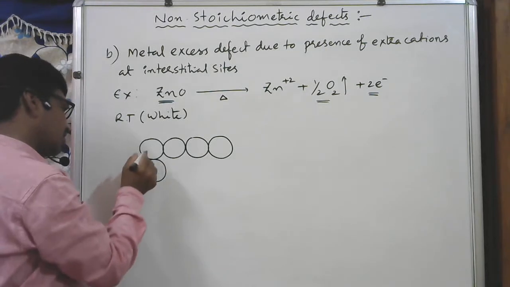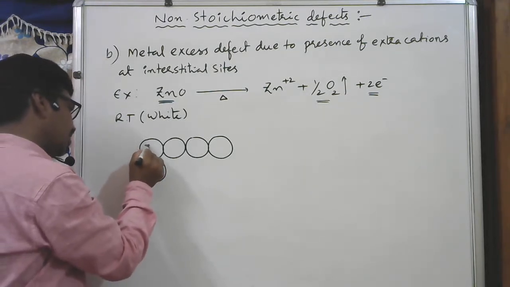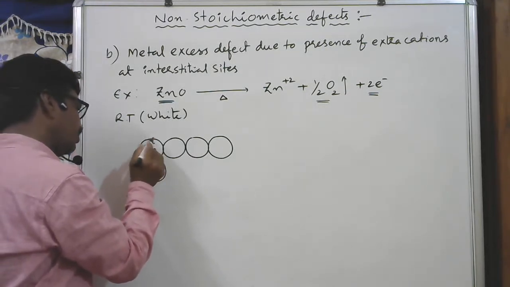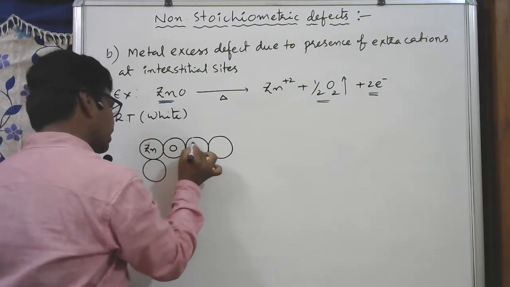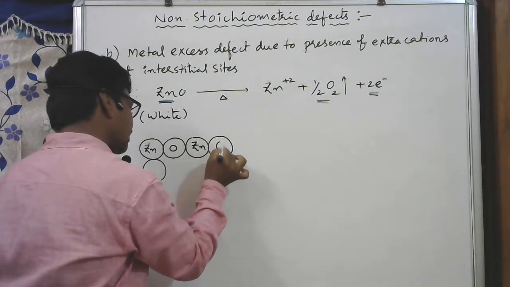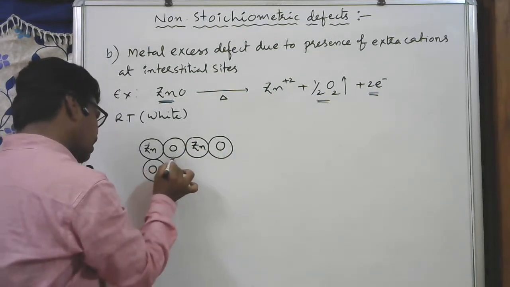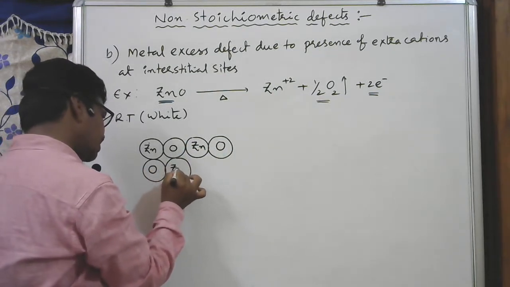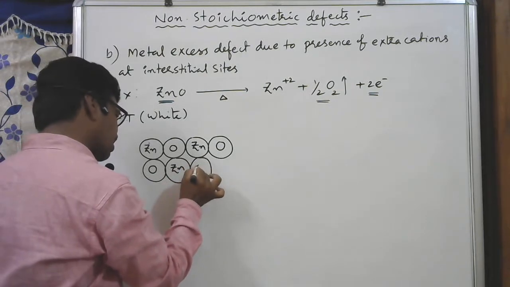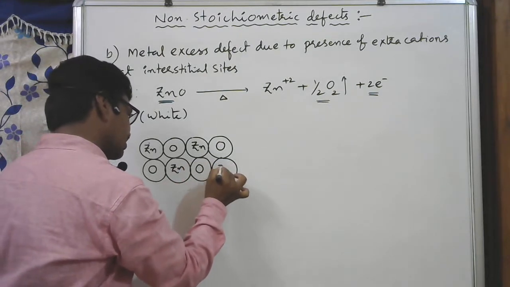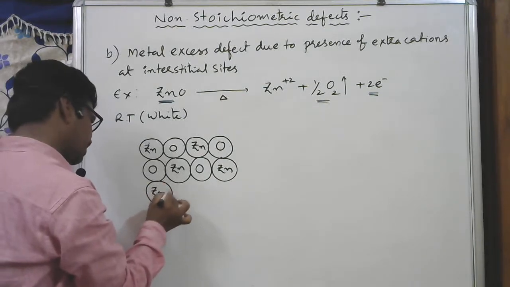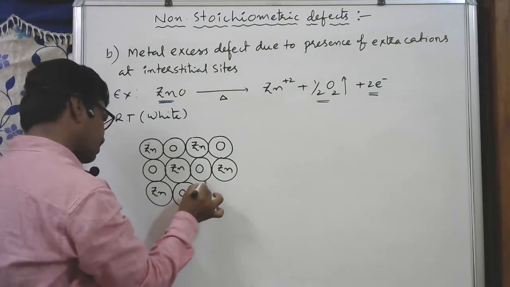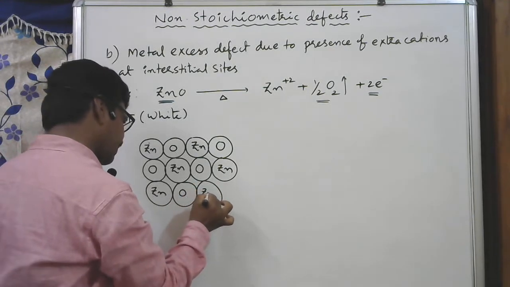Similarly, this is again zinc, oxygen, zinc and oxygen. Here oxygen, it should be zinc. This is oxygen, again zinc. Similarly, this is zinc and oxygen. Here zinc and this is oxygen.